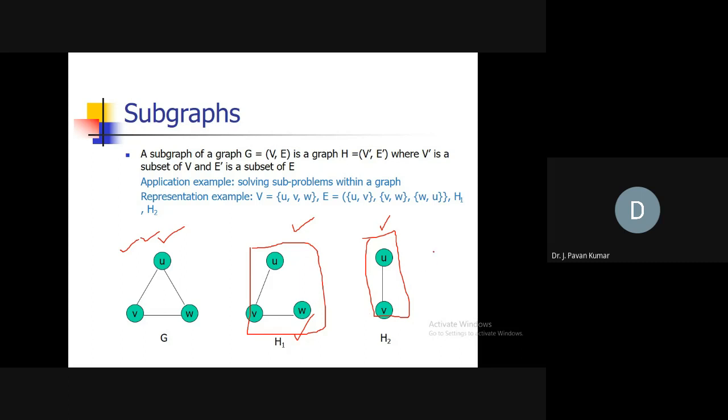Next, I will give one more graph with U, V, W. Now this is the graph. Can we consider this graph as a subgraph of H1? Yes or no?